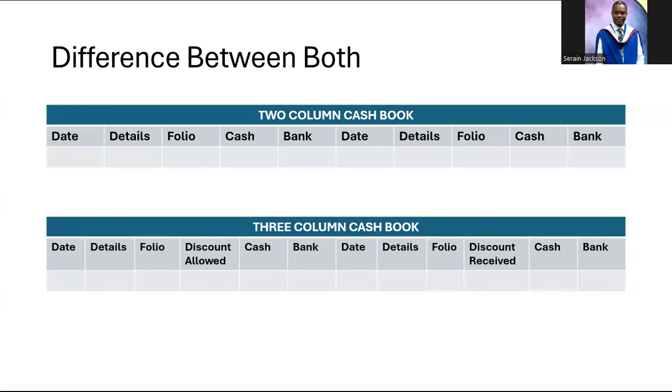So here's a pictorial representation of what I just said. This is how the 2-column cash book looks, at the top. You realize you have a debit side, the left side, and the credit side, the right side. What you need to remember about the cash book, and that is the reason why I say you need to watch my double entry video and be familiar with the double entry concept, is that the debit side of the cash book is used to record cash or checks that you receive.